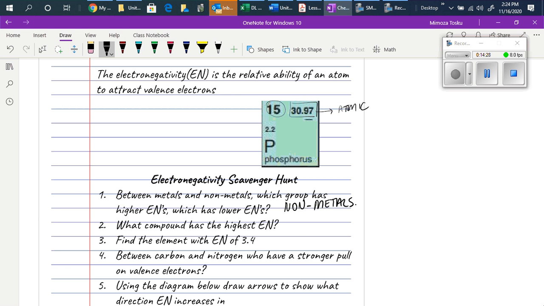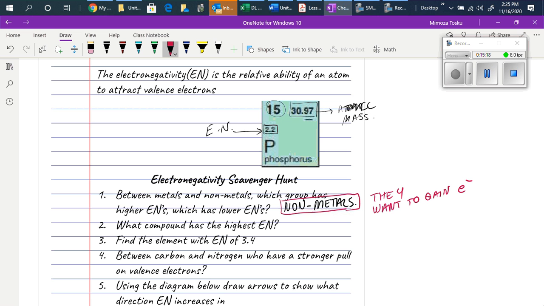And 2.2 is the electronegativity. So when you take a look at the electronegativity between metals and non-metals, we will notice the non-metals that are above the staircase will have the higher electronegativity, and this is explainable because non-metals want to gain electrons.